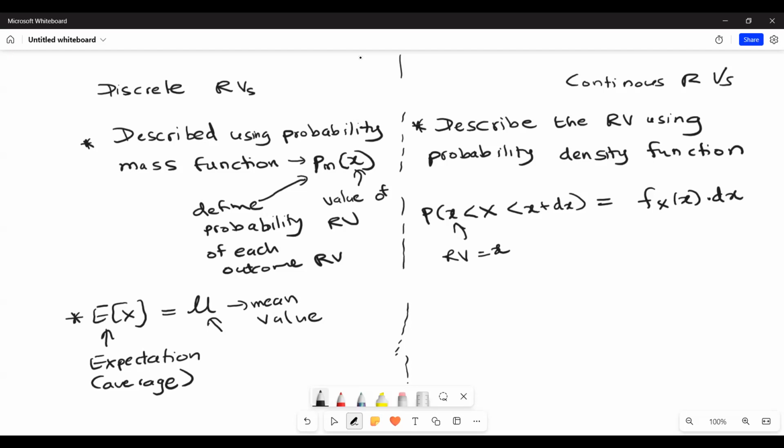The variance is defined for the probability density function as well, and it is defined with respect to this mu value.